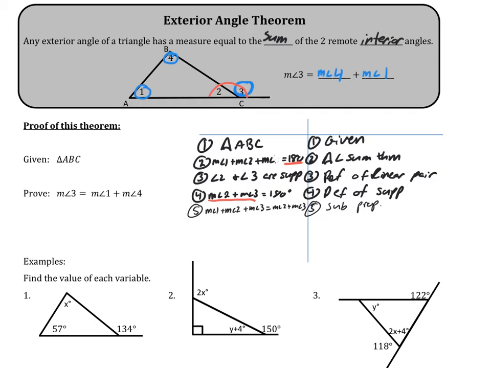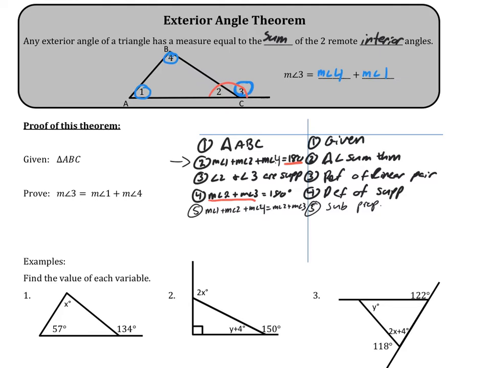So my apologies, that should have been an angle 4. Down here, we need to get rid of that. That should be an angle 4. That's because in line 2, we should have been using the sum of the interior angles, and I made an assumption that that was 1, 2, and 3, but it's 1, 2, and 4.